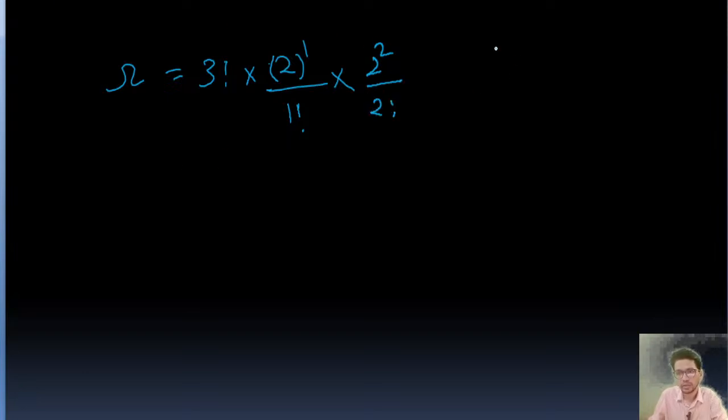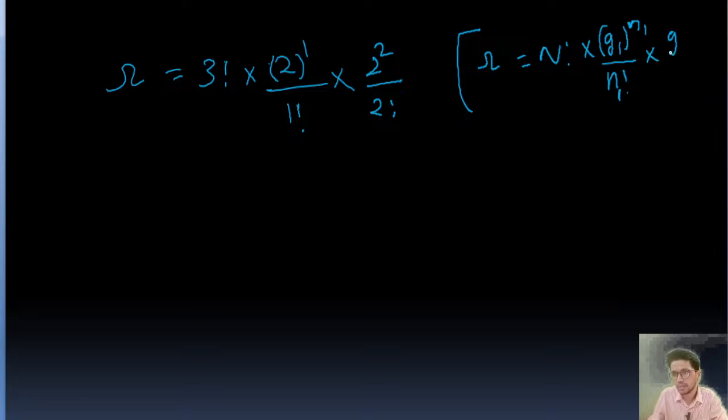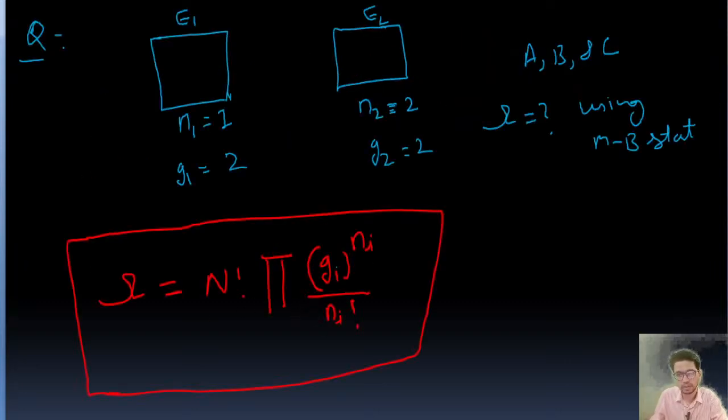Because we can write omega equal to N factorial into G1 to the power n1 upon n1 factorial, into G2 to the power n2 upon n2 factorial, because this is a product.